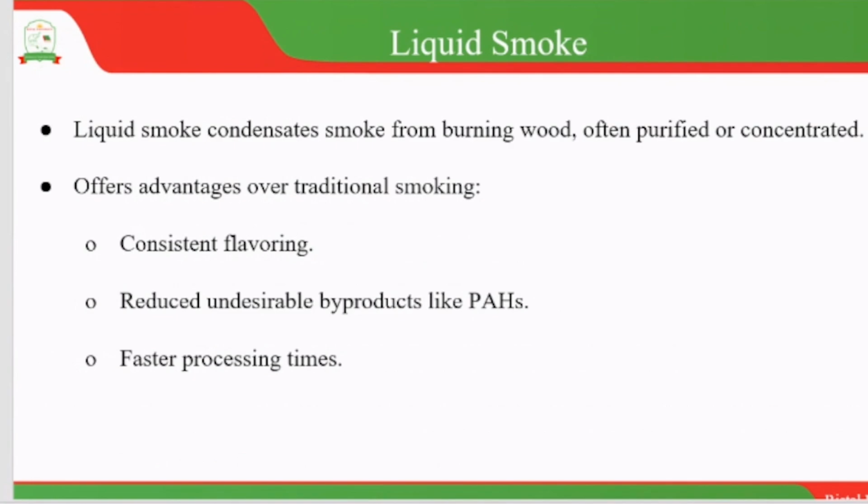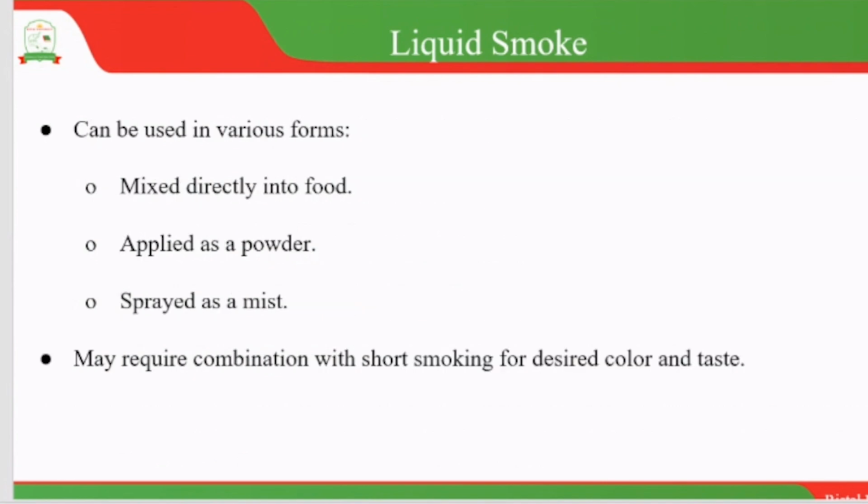And those are a group of organic compounds with aromatic rings, for people who have done some chemistry. And also this will increase the processing time of the foods. Lastly, this can be used in various forms, mixed directly into the food, applied as a powder, sprayed as a mist.